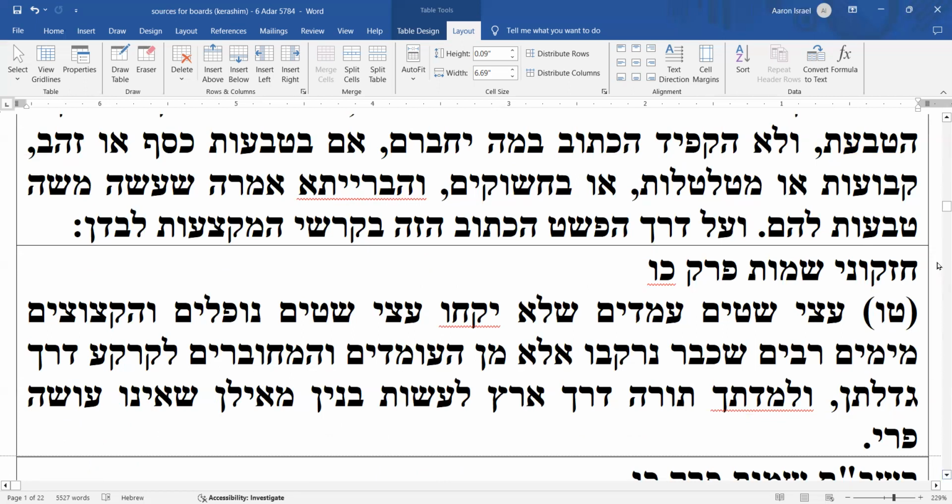Rashi said the word Atzei Shitim Omdim, that they have to be standing Shitim wood trees. It is to tell us that they had to be in an upright position and in the way they grew. Chizkuni says, no. In addition to that, atzei shitim noflim. Don't take atzei shitim that already were old and worn out and had died and were lying around, that had been cut down a long time ago.